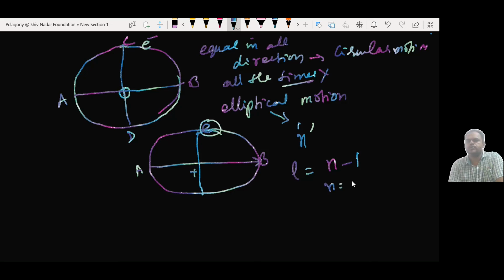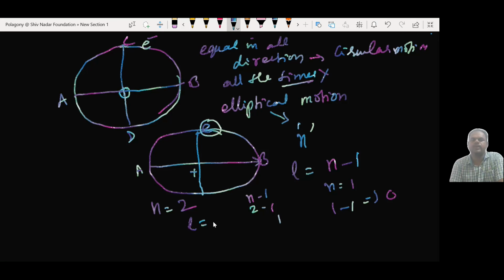If n is equal to 1, 1 minus 1 gives 0, and 0 here means one subshell is possible. If n is equal to 2, L values are 2 minus 1, that is 1, so L starts from 0, 1 and 2 subshells are possible.